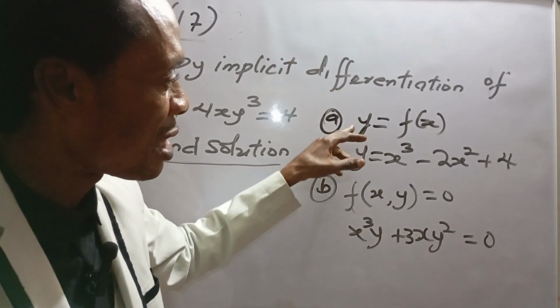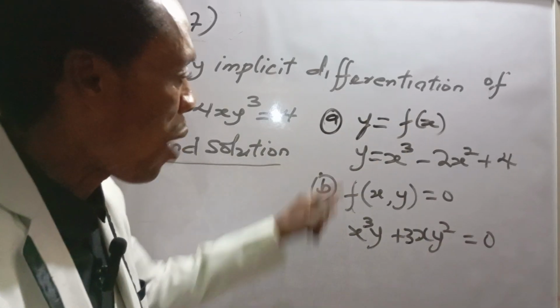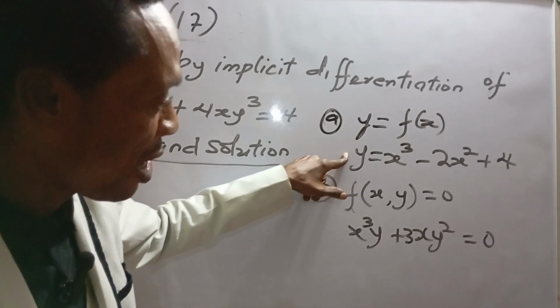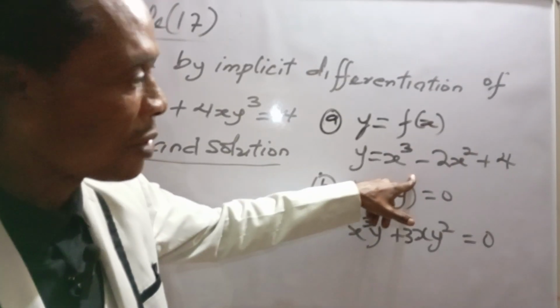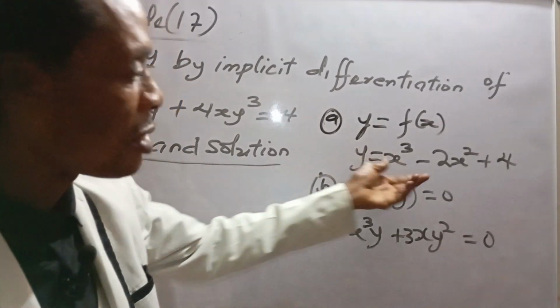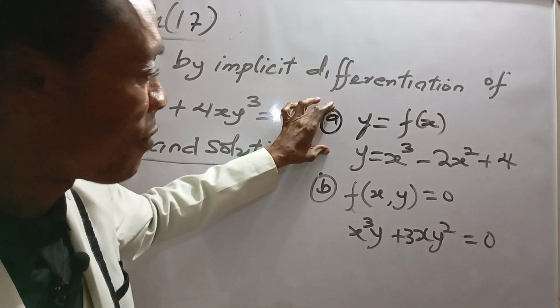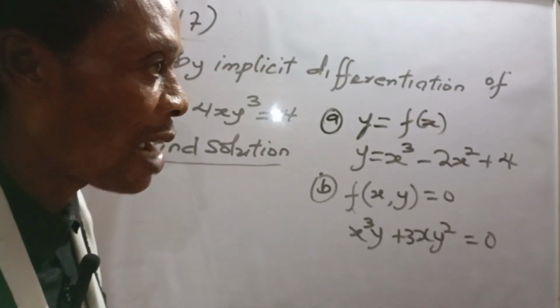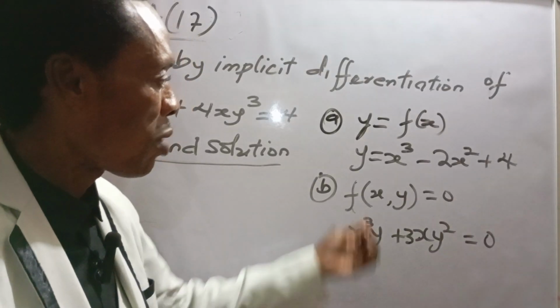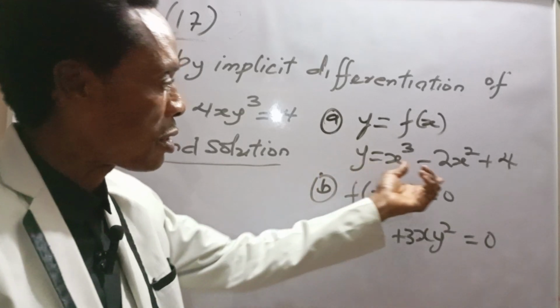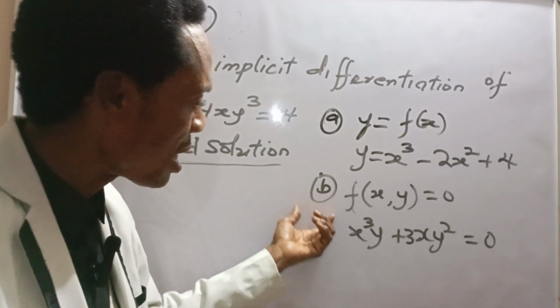Here y is dependent on x. y is the dependent variable, x is independent. So the value of y depends on the value of x. For the first example, A, whatever you get for y depends on the value of x. But for B, it's not like that.